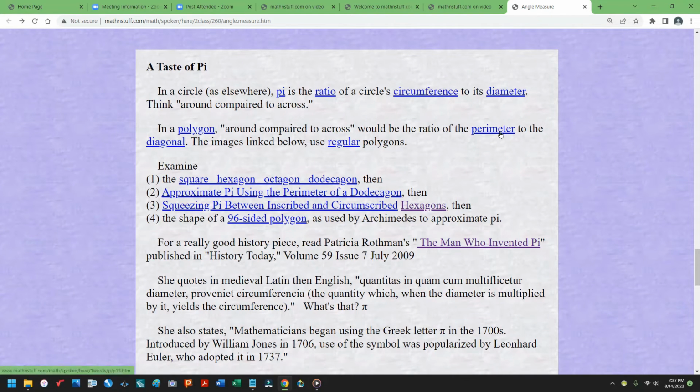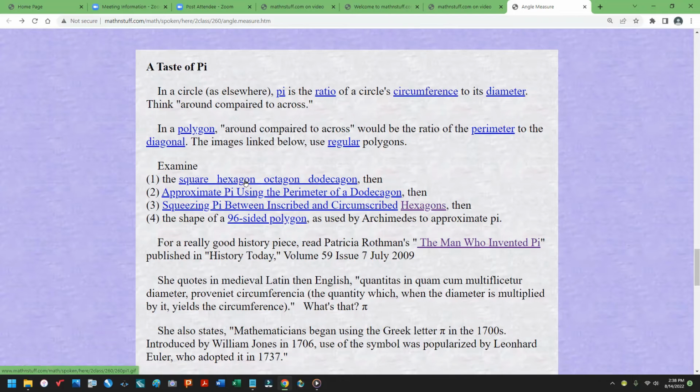Polygons, perimeter, diagonal. Where a circle has around compared to across, it would be circumference compared to diameter. A polygon around compared to across would be perimeter compared to diagonal.